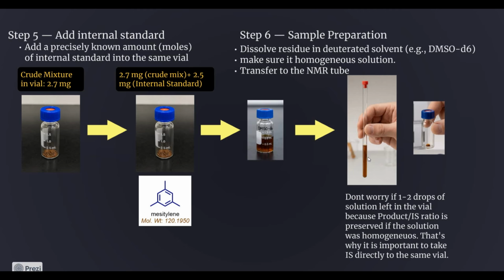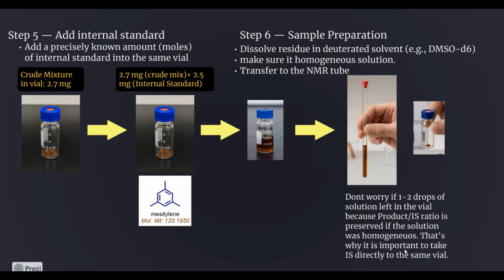During transferring into the NMR tube, you may see that a few drops or one drop is left inside the vial. It is completely fine, because the most important thing, the product and internal standard ratio, is preserved if the solution was homogeneous.